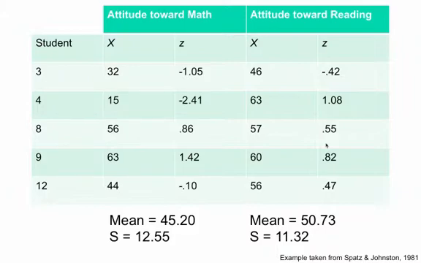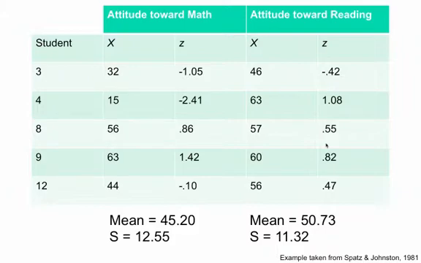Let's take a look at student 8, for example. Student 8 scored a 56 on his or her attitude toward mathematics and a slightly higher score, a 57, on the attitude toward reading. So at first glance you might think that this student has a more favorable attitude toward reading than mathematics.